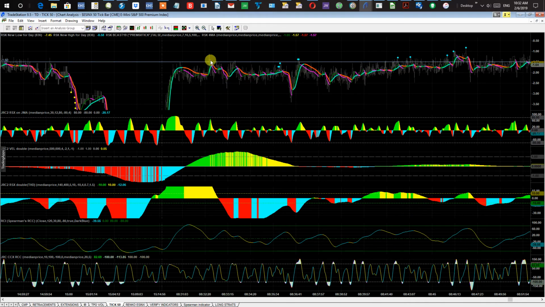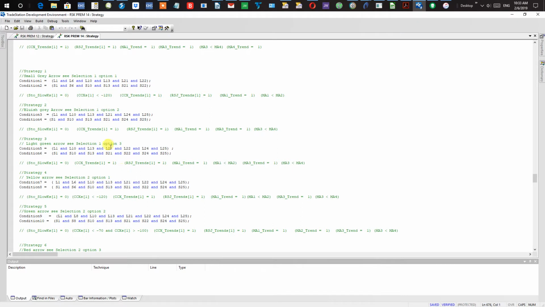So that's the condition that's represented by this expression right here. Okay? So that's just one of the conditions that we've automatically programmed into the automated strategy.